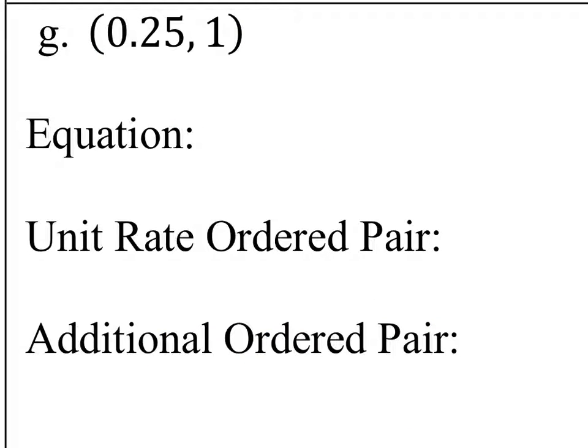All right, what about G? Here's what we want to start out with: we'll say the unit rate is 0.25 to 1. But what's wrong with this? Very good. The 0.25 is in the x value, which is where the 1 needs to be. So that's not going to work for us. So what is it if x is 1? You multiply by 4.